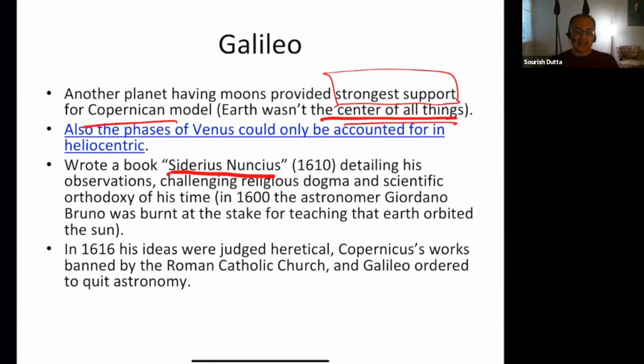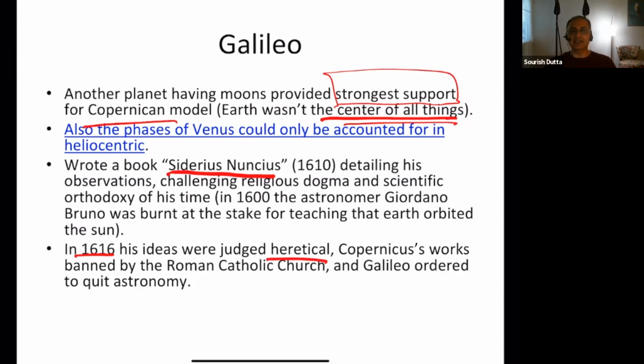And so this book started becoming very popular, and people started realizing that, wow, everything that we knew about the world is actually wrong. The Earth is not the center of everything; it's the sun that's the center of everything. So as his ideas started getting more and more popular, the Catholic Church started taking note of that, and in 1616, the ideas were judged to be heretical by the Catholic Church, which is very, very dangerous.